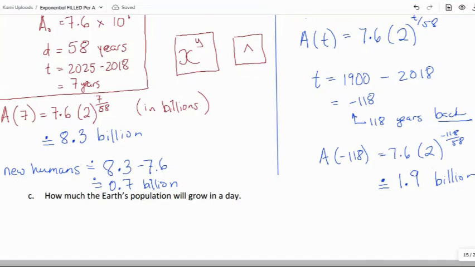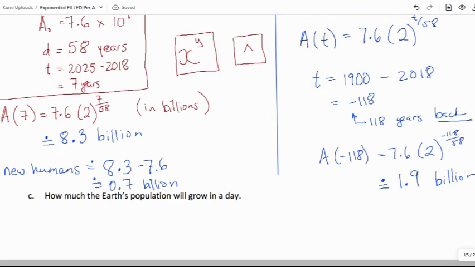Are we agreeing? Would you be able to figure out how many new humans were born since the year 1900? Yeah. Now, here's the question.